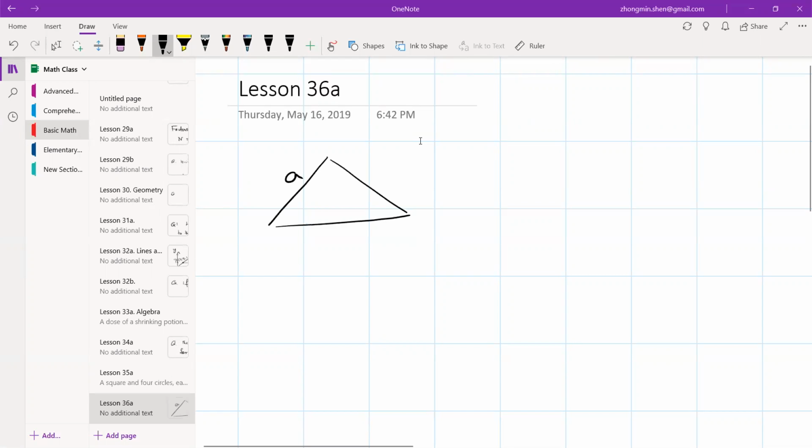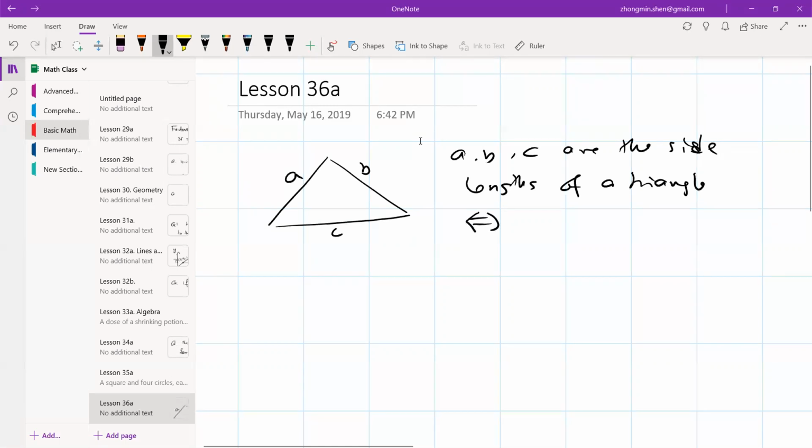Given three numbers A, B and C, the question is whether they form three sides of a triangle. A, B, C are side lengths of a triangle if and only if they satisfy the following inequalities.